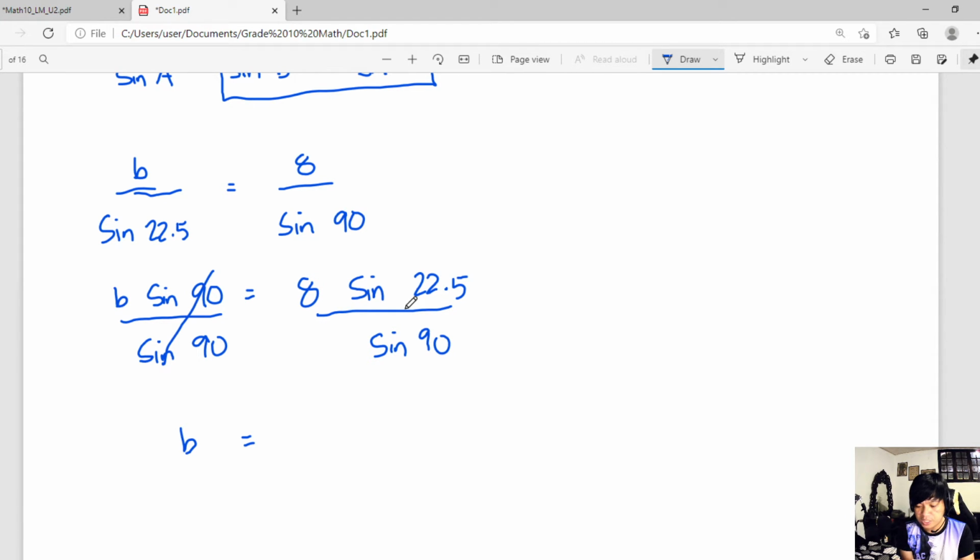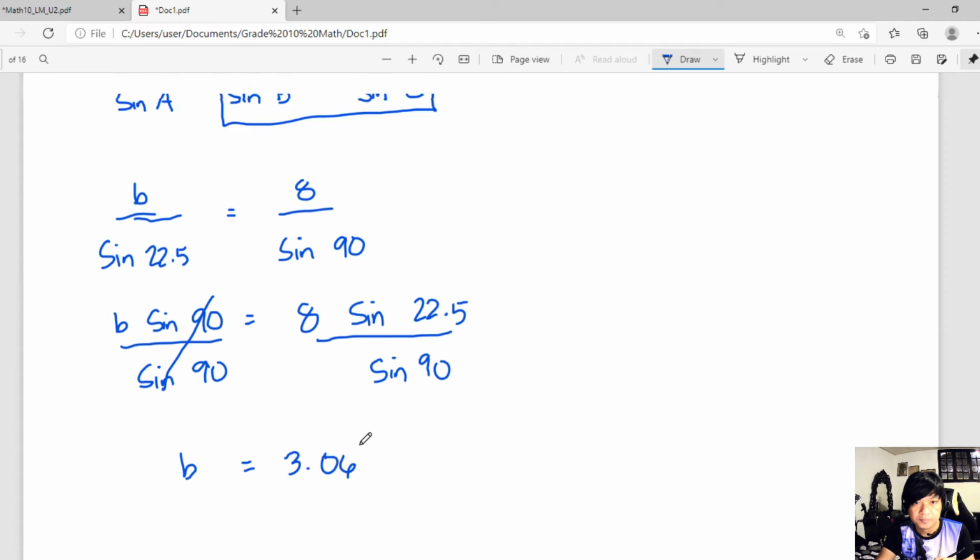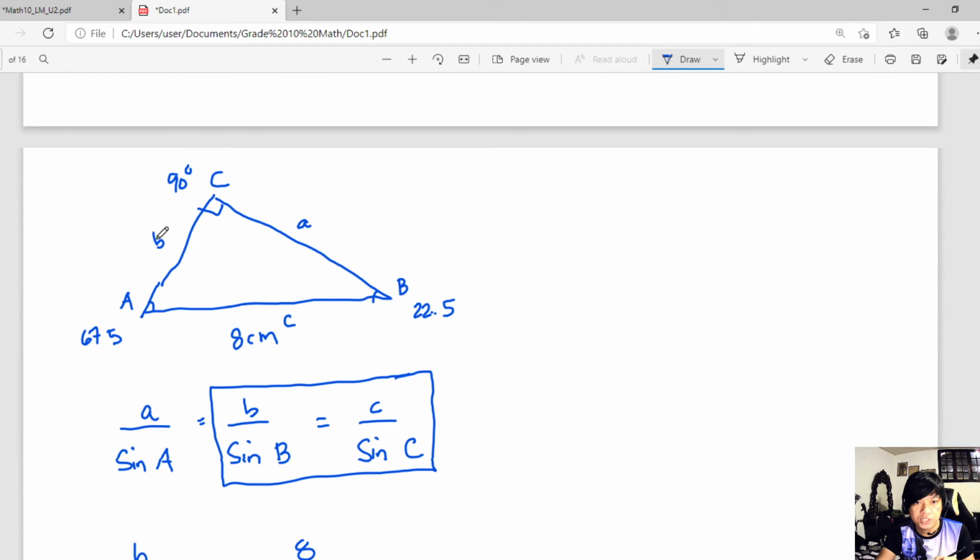The answer is 3.06. So this means the measure of this one, our height, is 3.06.